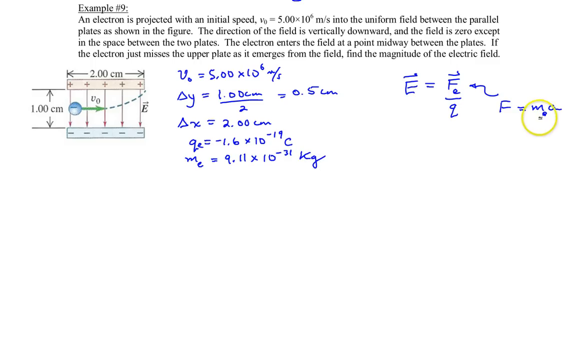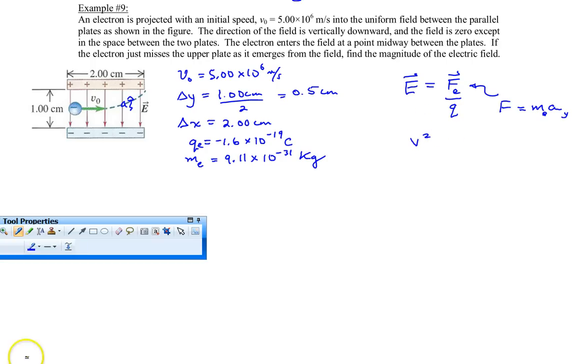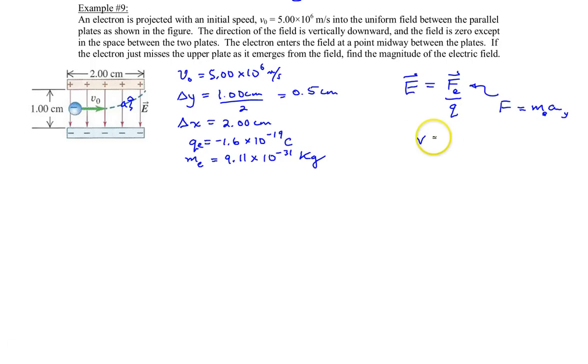Now, to get the force, we know the mass, but we need to find the acceleration. And to find the acceleration, we are trying to find this vertical acceleration upwards. So this is really a sub y. Vertical acceleration can be calculated by using, let's see here, v squared. Well, I guess we don't know the final velocity. Maybe delta y equals v0y t plus 1/2 a_y t squared.